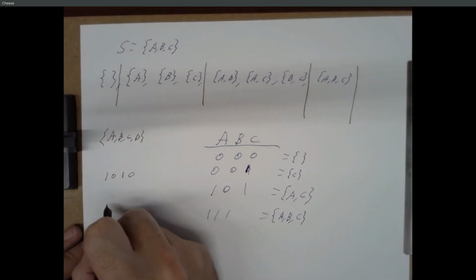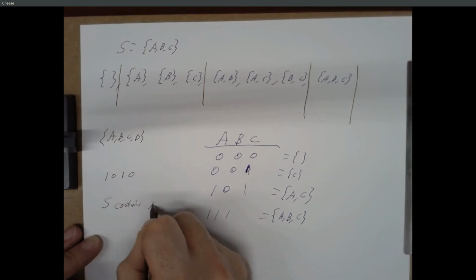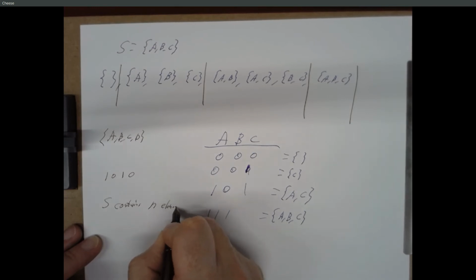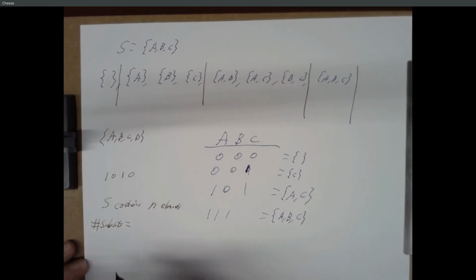So if we have a set containing n elements, how many subsets do we have? 2 to the n. So there's a formula for the number of subsets of a given set. If your set has n elements, you have 2 to the n subsets.